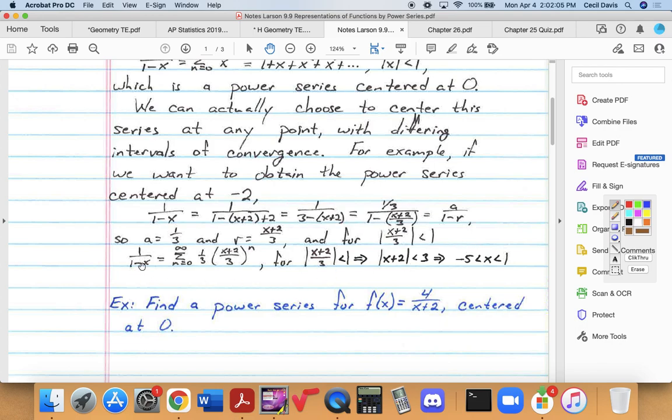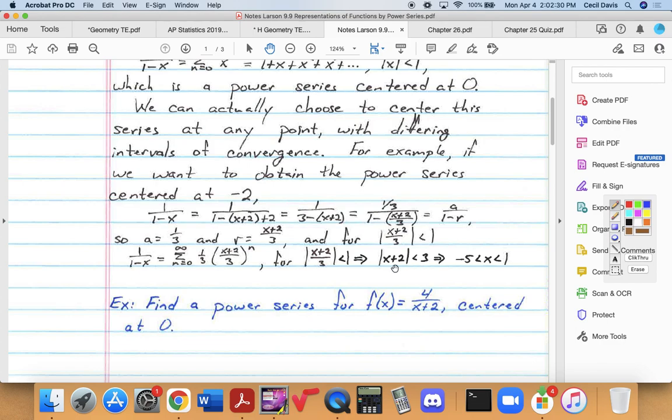So 1 over 1 minus x is also equal to this series, the summation as n goes from 0 to infinity of 1/3 times x plus 2 over 3 to the nth power, provided that the absolute value of x plus 2 over 3 is less than 1, which means the absolute value of x plus 2 has to be less than 3.